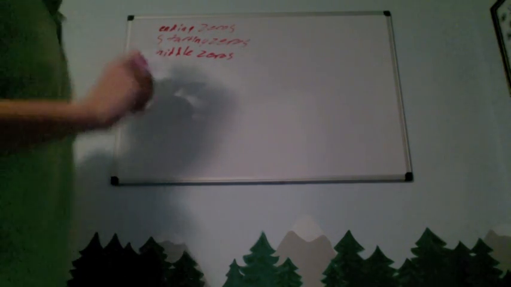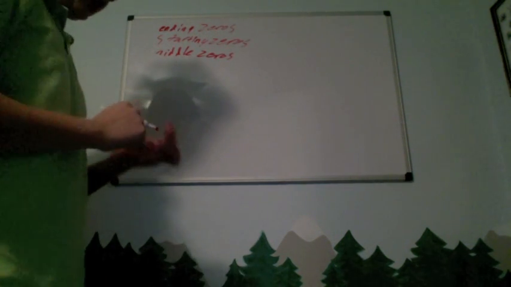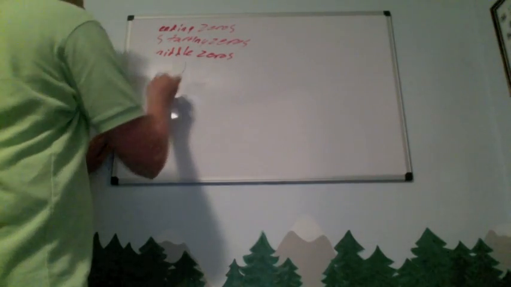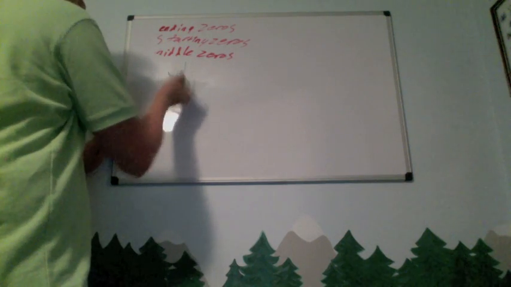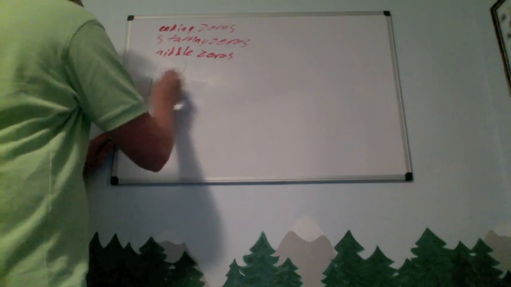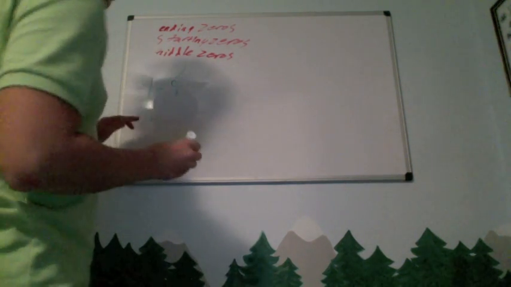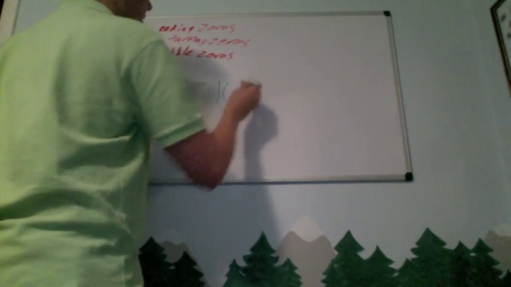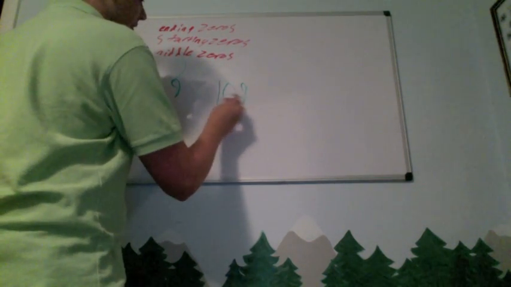Now, the way the 3 types of zeros work is that I'll start with middle zeros, because they're the easiest. Whenever a zero is in the middle of 2 actual numbers, like 1 to 9, then that zero will always be a significant figure. So if my number is 109, this zero is a significant figure.